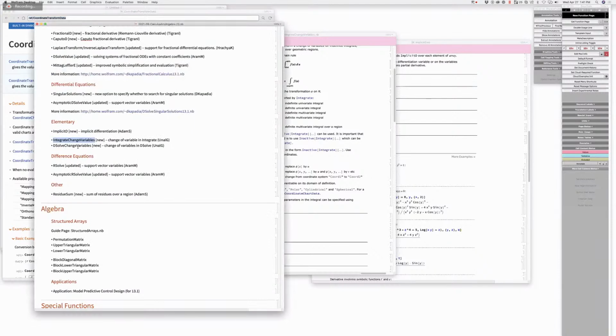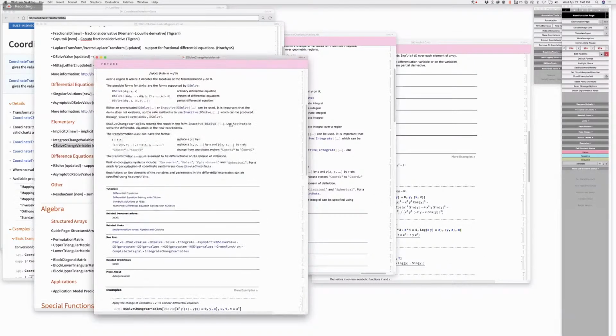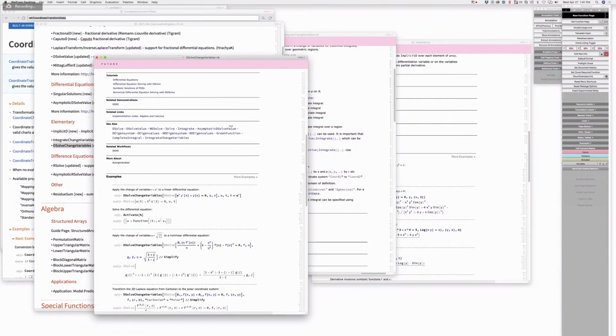Okay, DSolve change variables. So now you can probably guess how this is going to go. Well, let's hope I can. We have an even more elaborate way of describing systems of differential equations than we have for integrals.